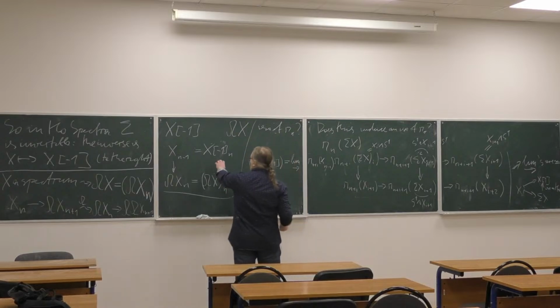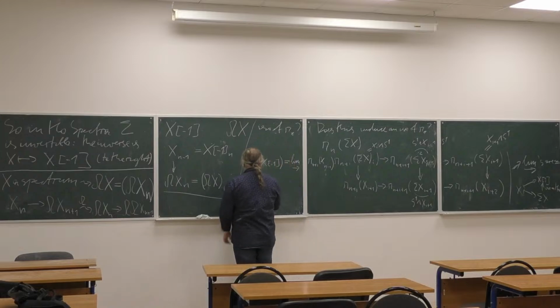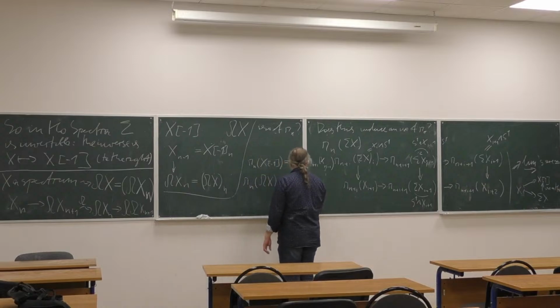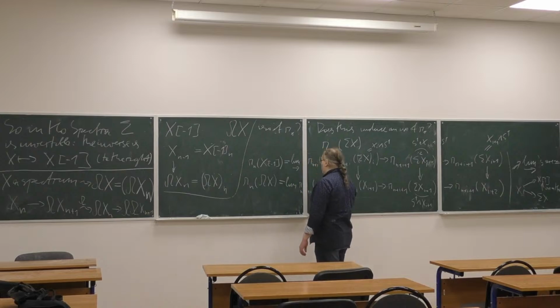So this is by definition the homotopy group, and for this spectrum we have the limit of, again, pi n plus i of omega x n.